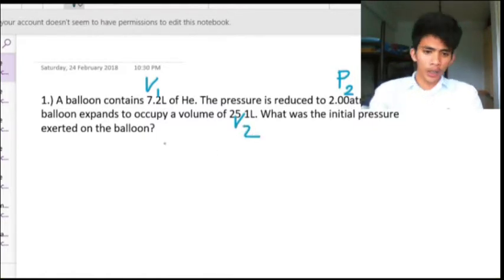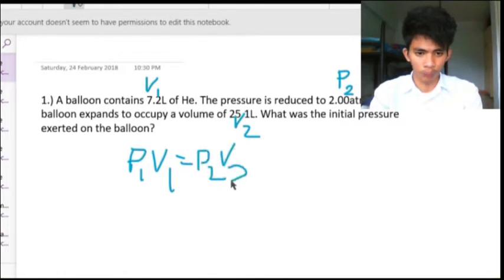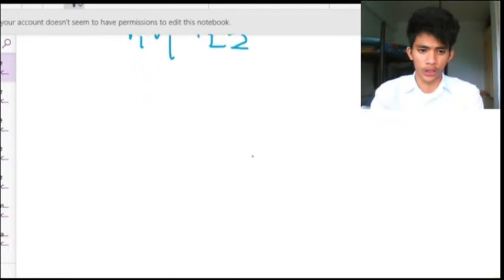So let's go back to our general equation, which is P1 times V1 is equals to P2 times V2. Now we have the given and the equation, so let's substitute the given into our equation.